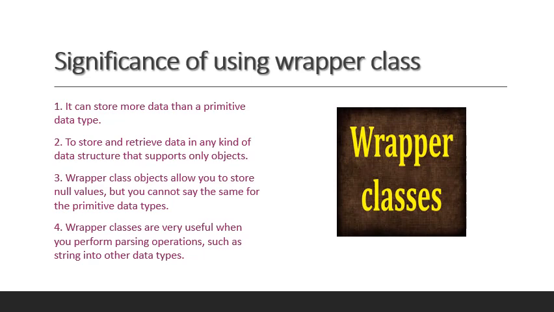Wrapper class objects allow you to store a null value, but you cannot say the same for the primitive data type. Wrapper classes are very useful when you perform parsing operations, such as converting a string into other data types.